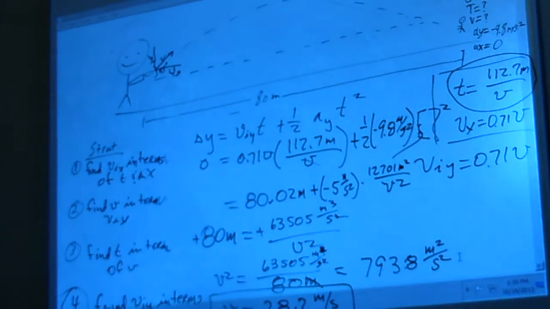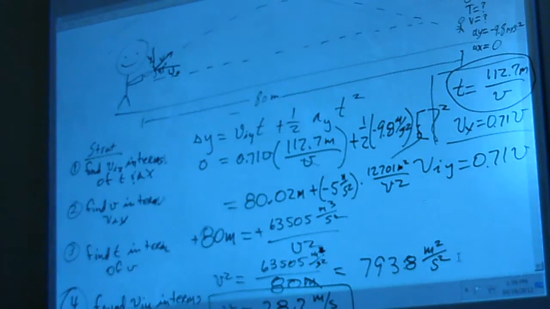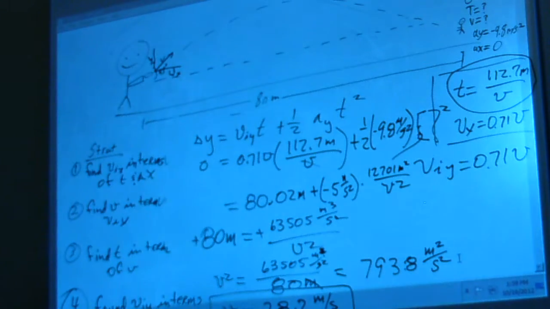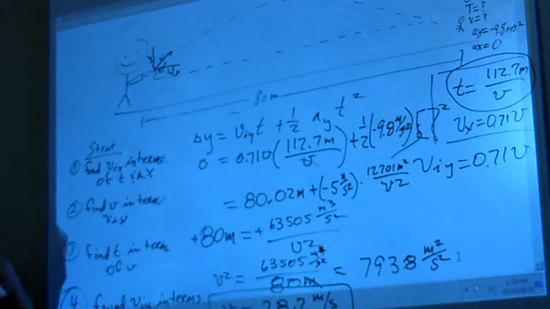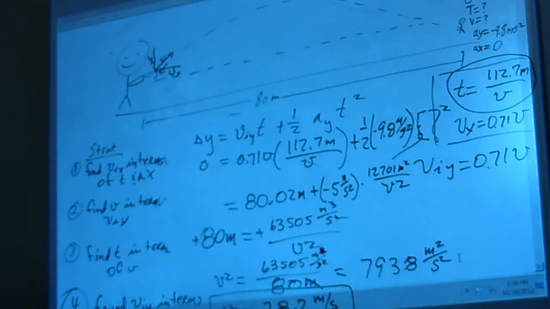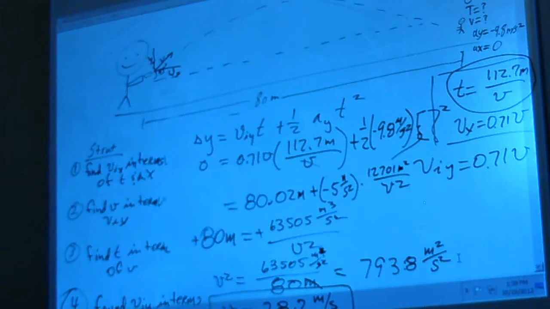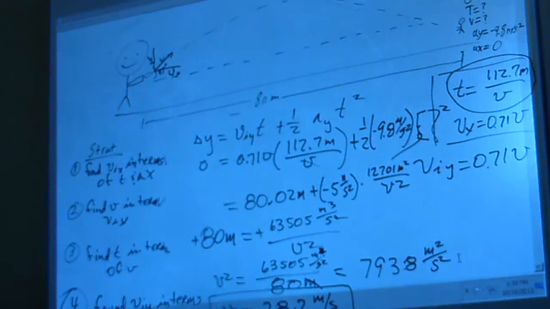This wasn't easy. This was super hard. It was a short problem. I know. That's the thing about physics. Very short problems can be very puzzling. But you've got to be disciplined about taking it step by step.